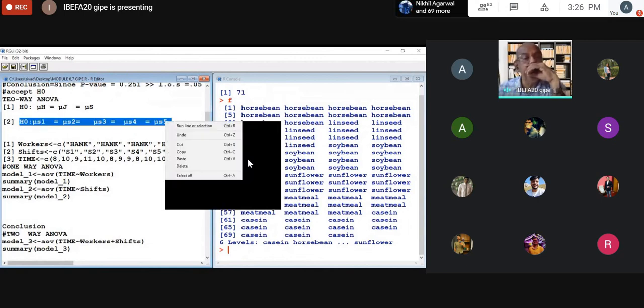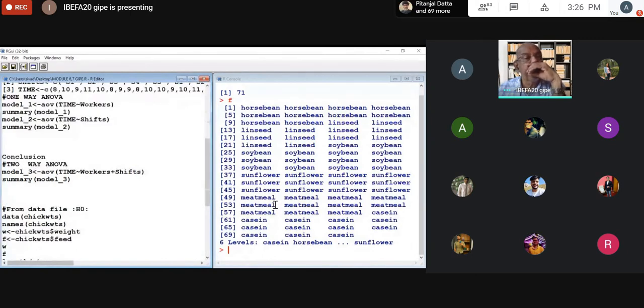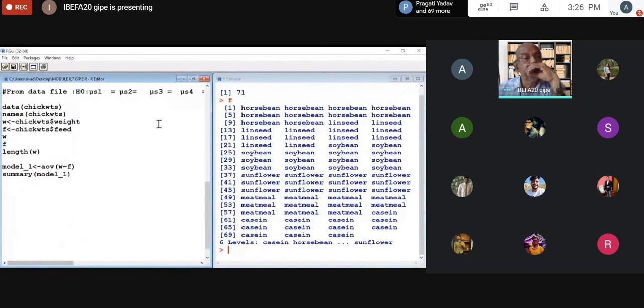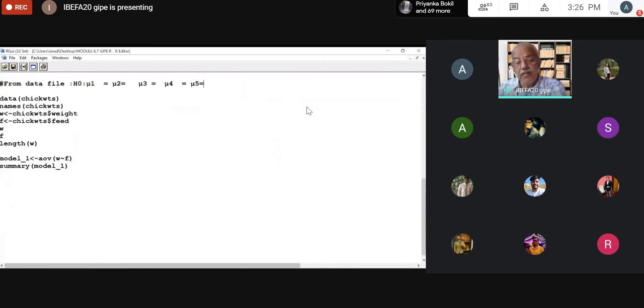Six parameters you have: mu1, mu2, mu3, mu4, mu5 equal to mu6.